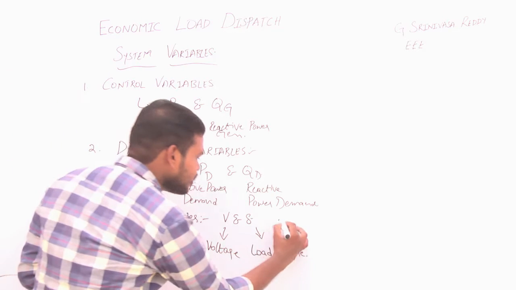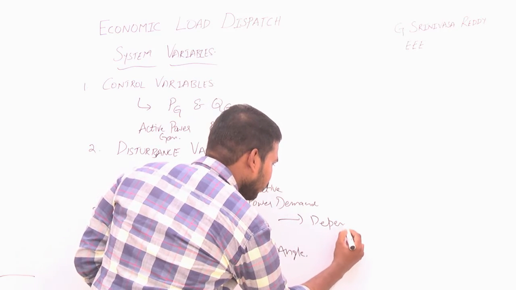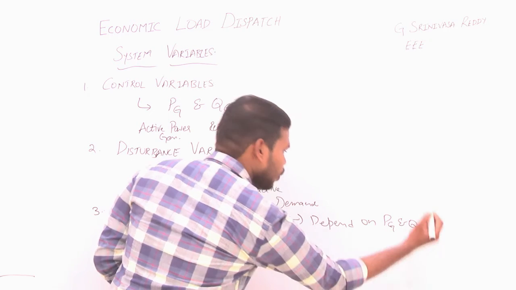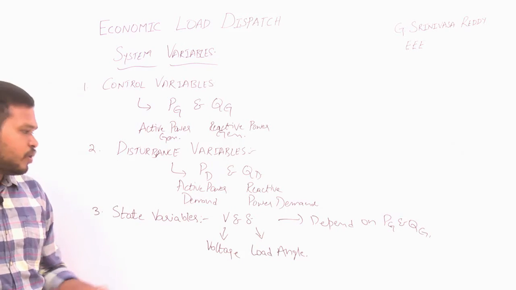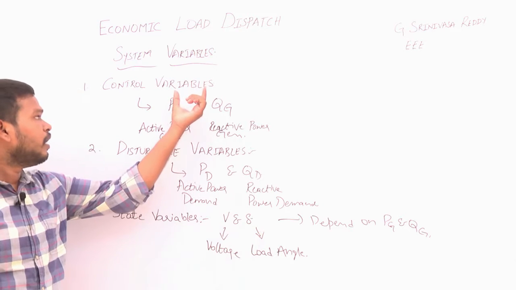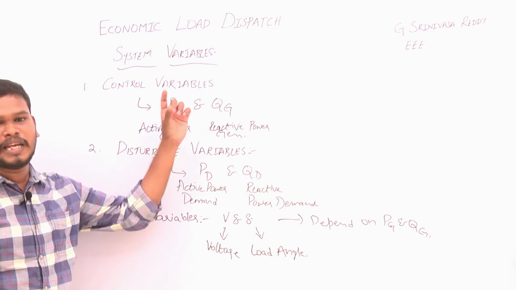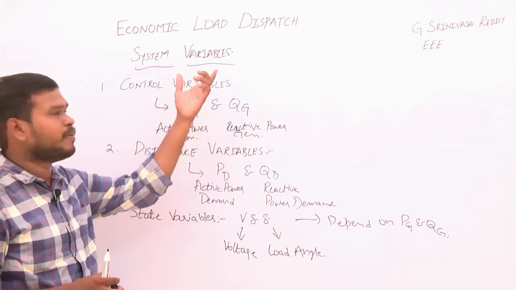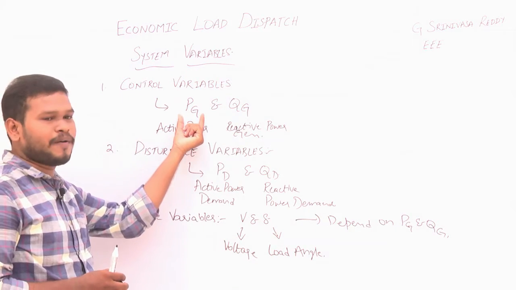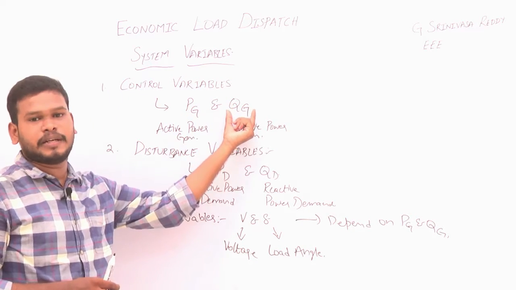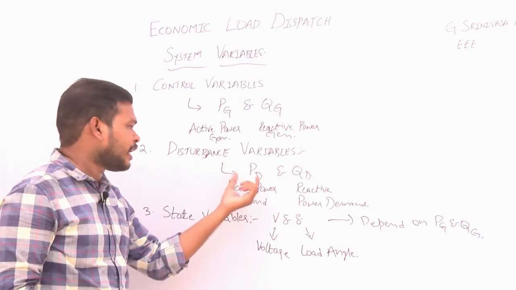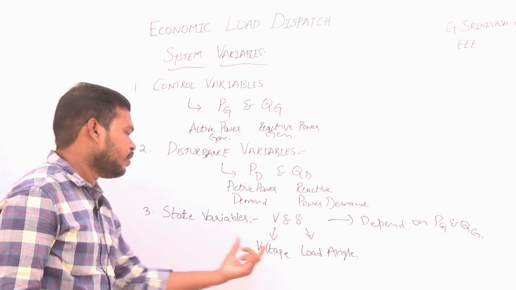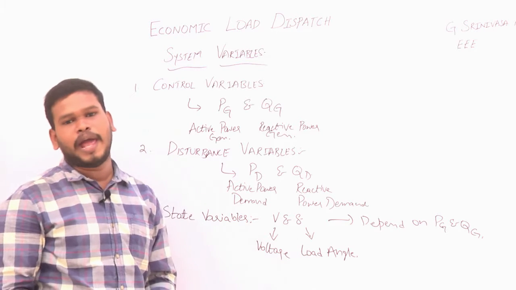Means these variables depend on PG and QG, right? So these variables are dependent on the control variables PG and QG. So these are the different system variables. Control variables: active power generated, reactive power generated. Disturbance variables are active power demand and the reactive power demand. State variables are nothing but voltage and the load angle.